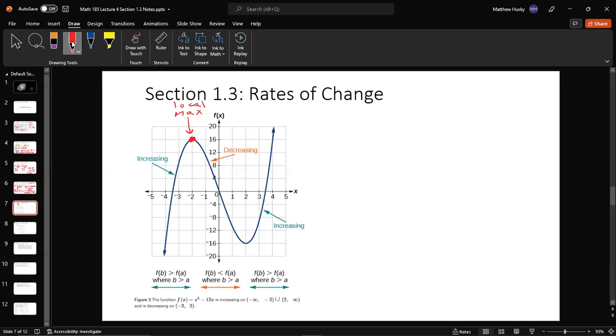And then we got this down here. This would be like the local minimum is the name for that. And so that's where it's changing from going up to going down. That's where it's changing direction. So you read the graph left to right.